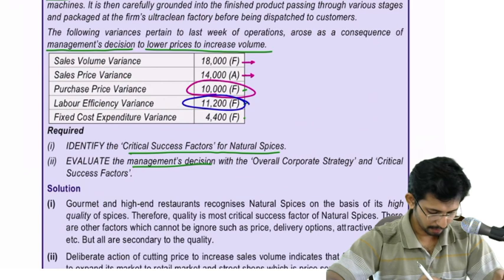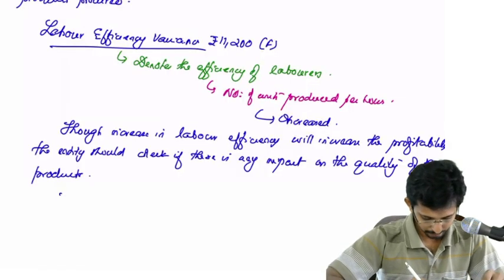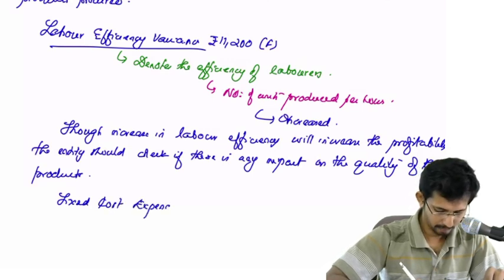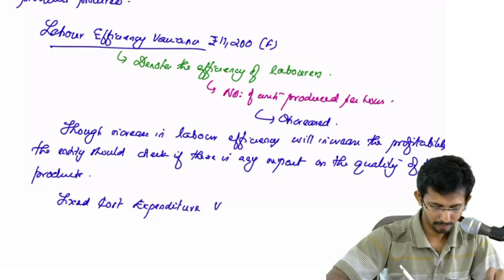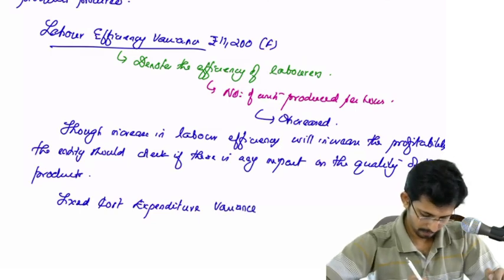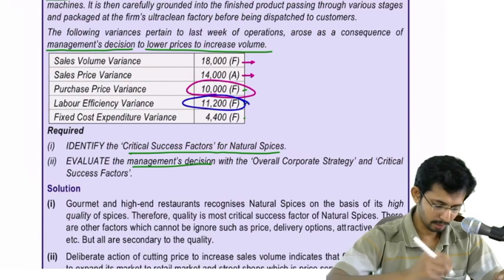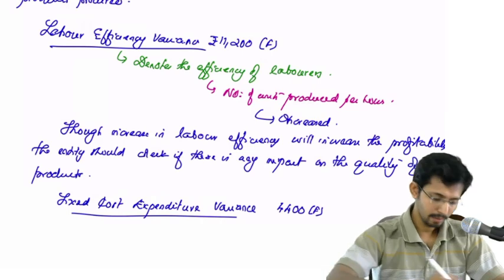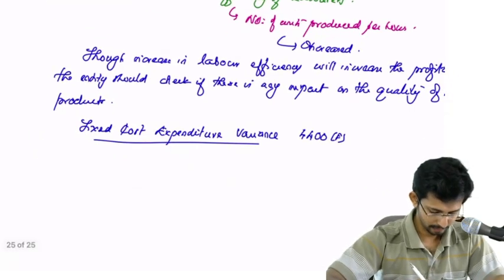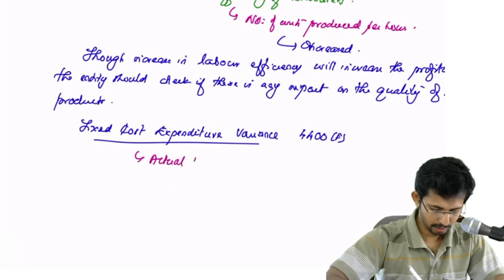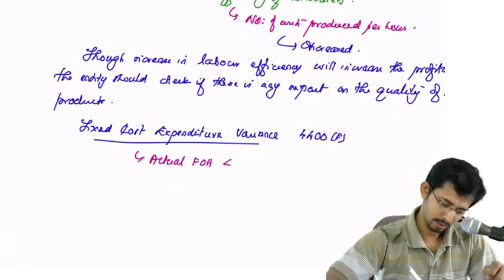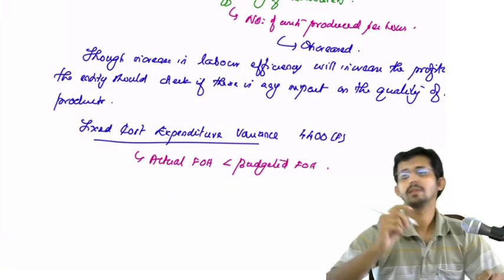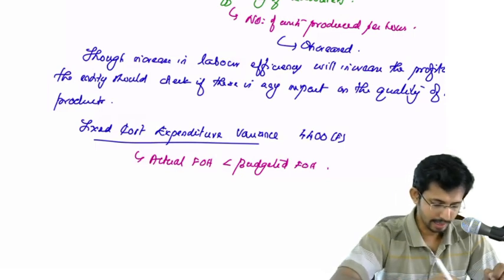Now there is fixed cost expenditure variance. What does it mean? 4,400 favorable. Okay, what does it indicate? Actual fixed overhead was less than budgeted FOH. Okay, now why is it less?